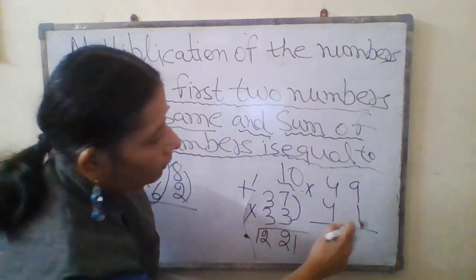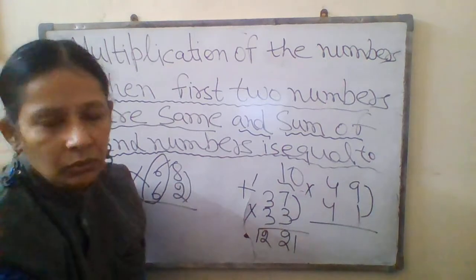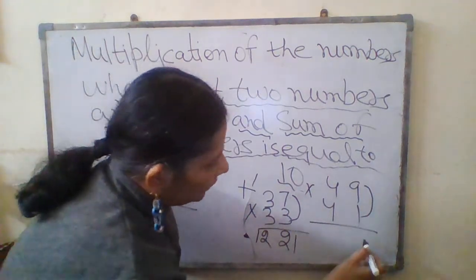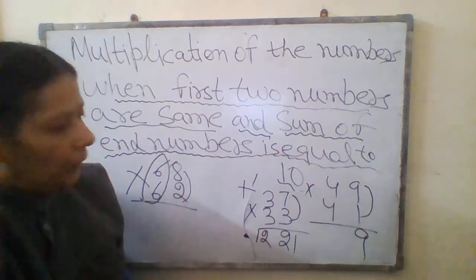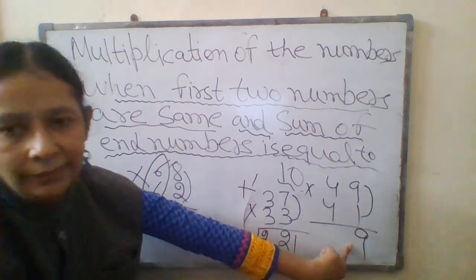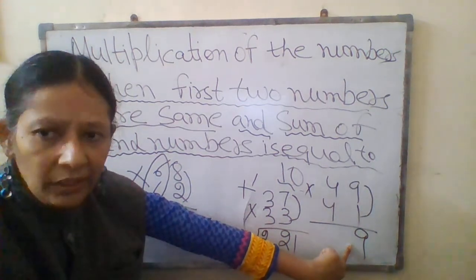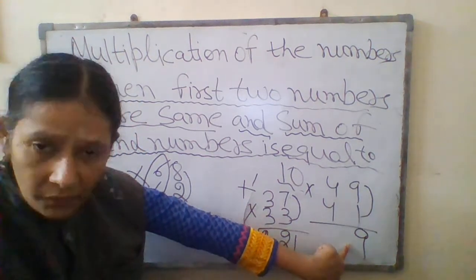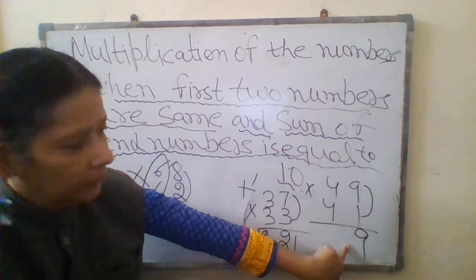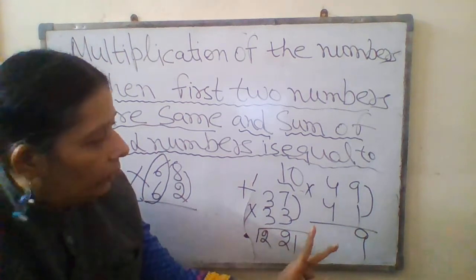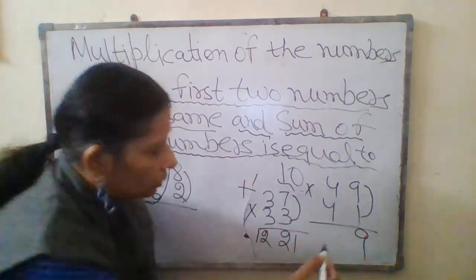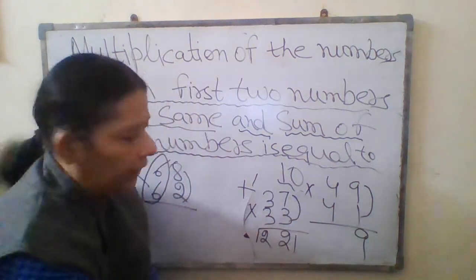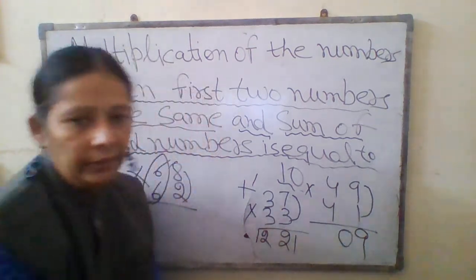You have to multiply the last two numbers. 9 ones is 9, but you will not write a single digit here, because you are multiplying two-digit numbers. So here 9 ones is 9, but you will write 09.